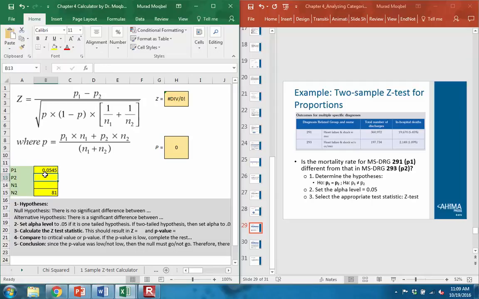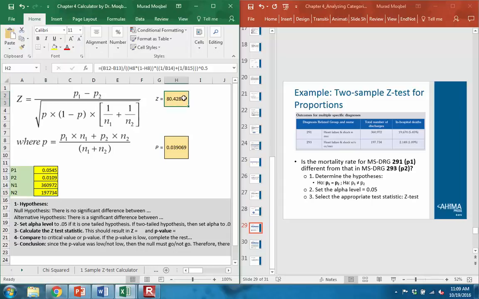And then proportion 2 is 0.0109. Now the sample size for sample 1 is 360,972. The sample size for the second sample, which is 293, is the total number of discharges, that's where I'm getting them from, 197734. I'll just plug in those numbers.